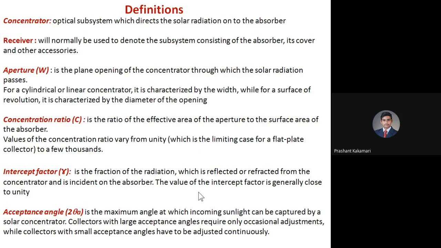In such conditions, we use this term to denote the subsystem consisting of an absorber. Whenever, other than the normal solar radiation, focused solar radiation is also present, we replace the word and call it the receiver. So the same thing, we just replace absorber to differentiate the concentrating collector, and we call it the receiver.